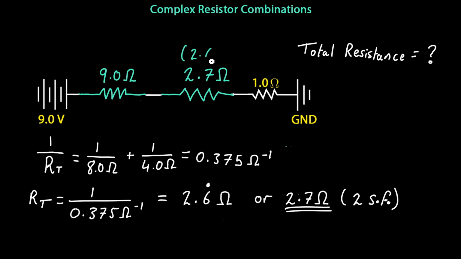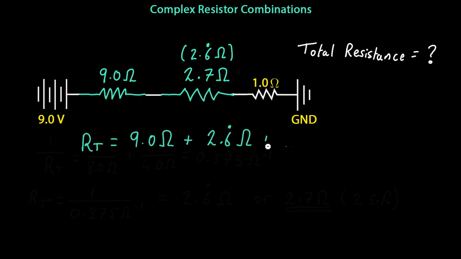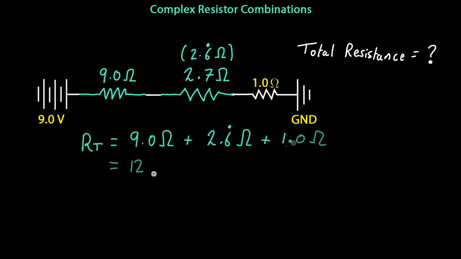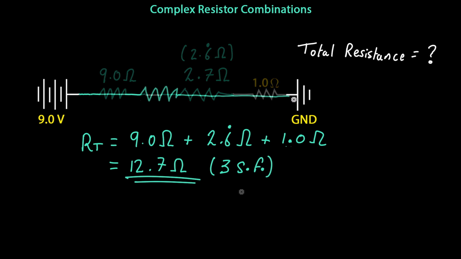We simply use our series equation again and add the resistances together. This gives us a value of 12.6 recurring ohms, which we can round up to 12.7. And this answers our original question. This is our total resistance of our complex circuit.